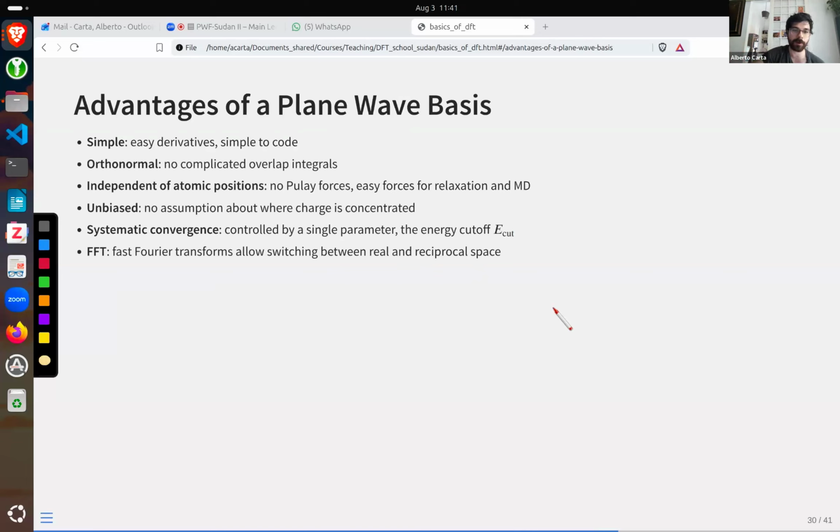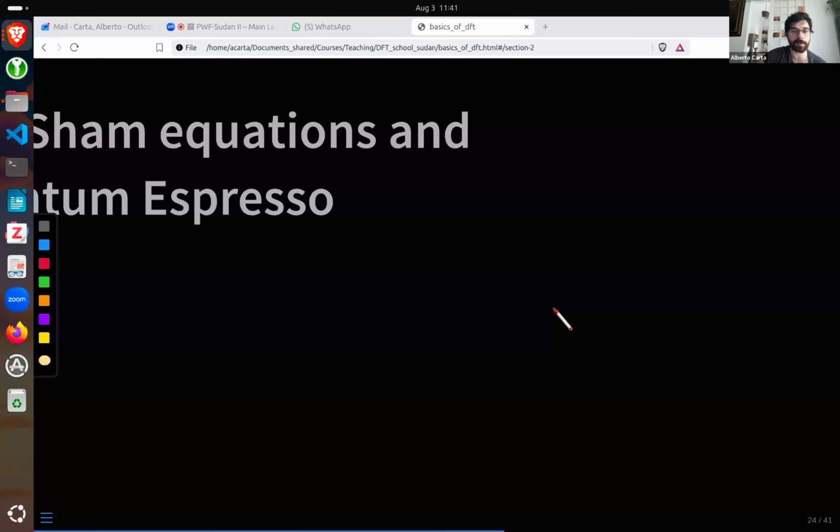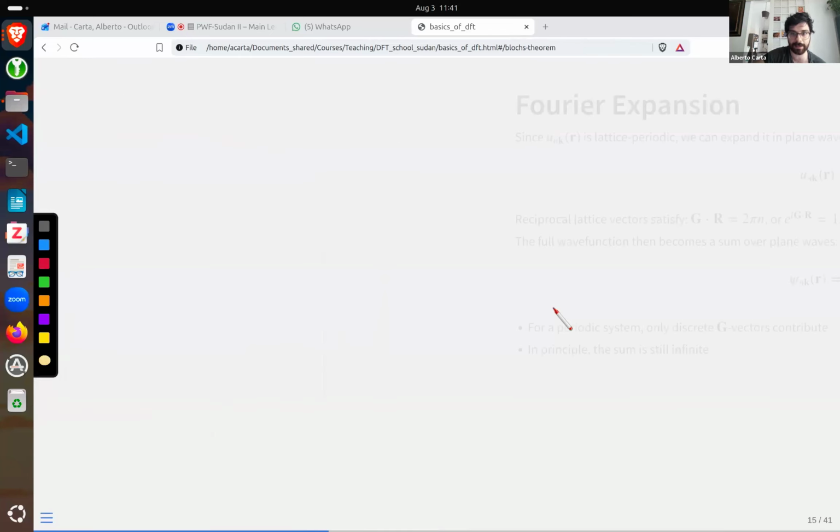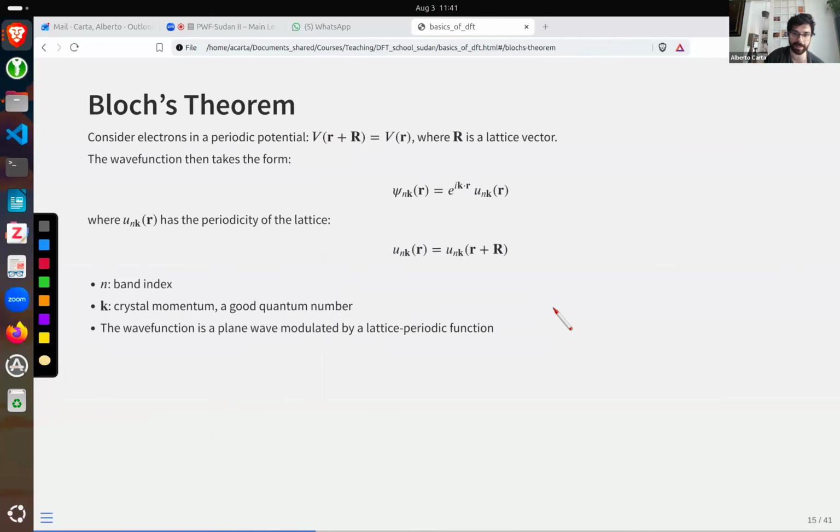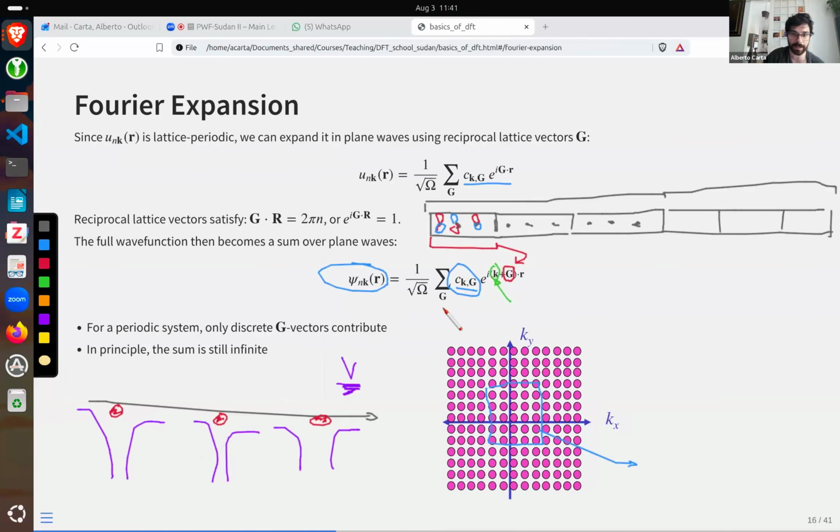This means that if we go back to the Bloch theorem, Quantum ESPRESSO exactly uses this expansion that you see here. So it exactly computes the coefficients of the plane waves that enter the Bloch theorem. Quantum ESPRESSO uses exactly this particular basis set that we know describes crystals very well.